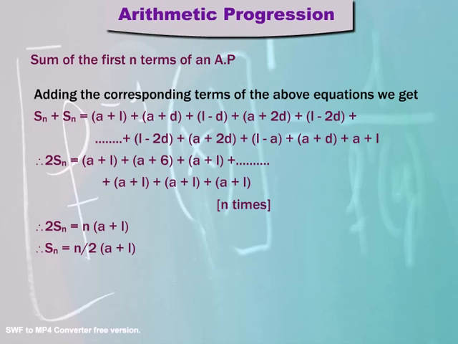Therefore 2Sn equals n into A plus L. Therefore Sn equals n upon 2 into A plus L. Therefore Sn equals n upon 2 into T1 plus Tn.